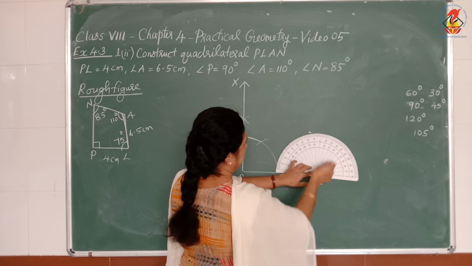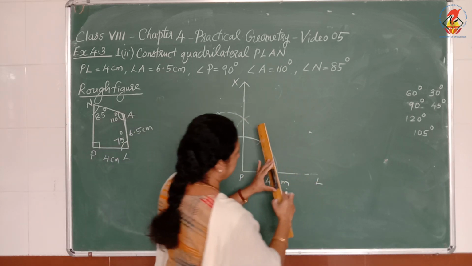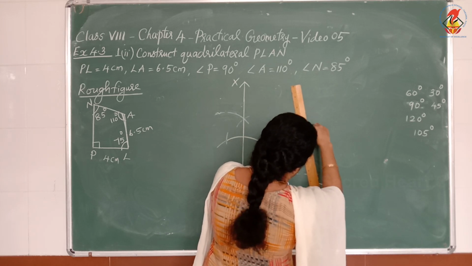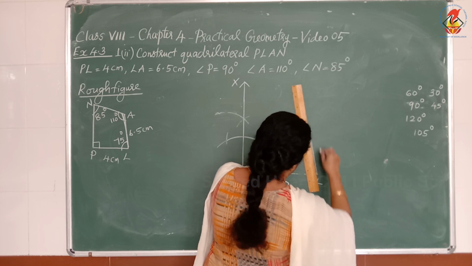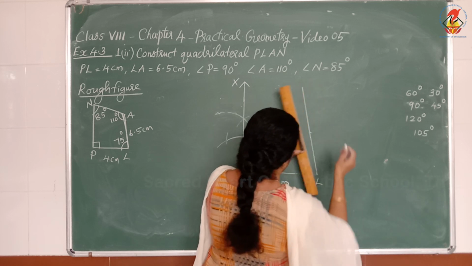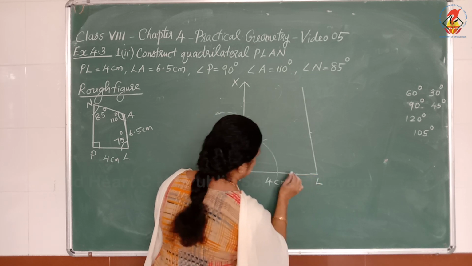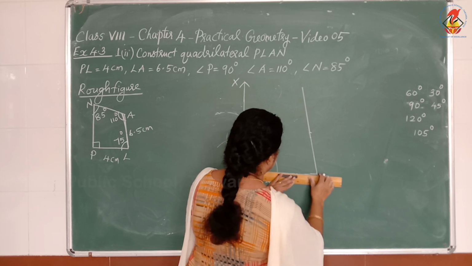Mark a point here, 75 degree. Then join L and that point. Okay, so this measure will be 75 degree.